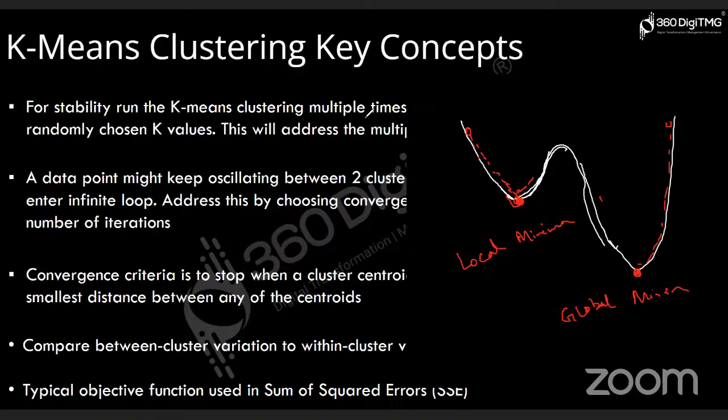But if we run it just once, starting here, we will never reach this point. The global minimum will never be reached. So it is better to have multiple runs so that we reach our goal, this global minimum point.